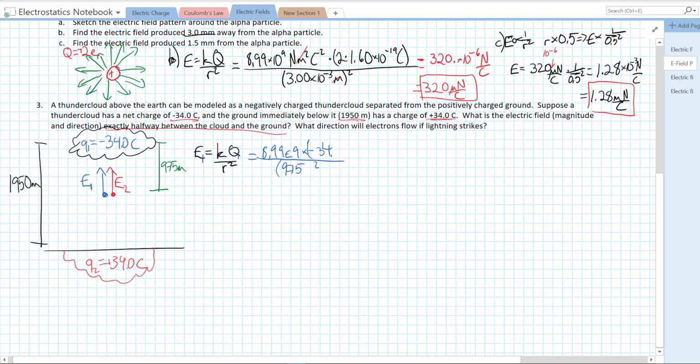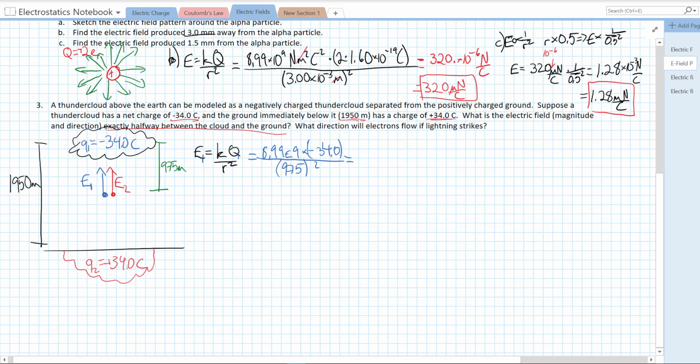And we plug in to get our electric field. It's a pretty strong electric field. It gives me a negative number, but I already know the direction of the electric field, so I'm not going to worry about that negative.